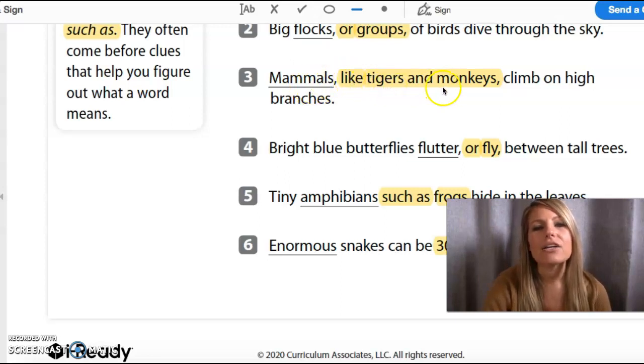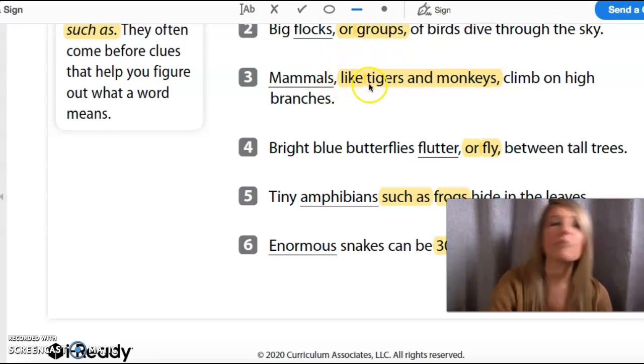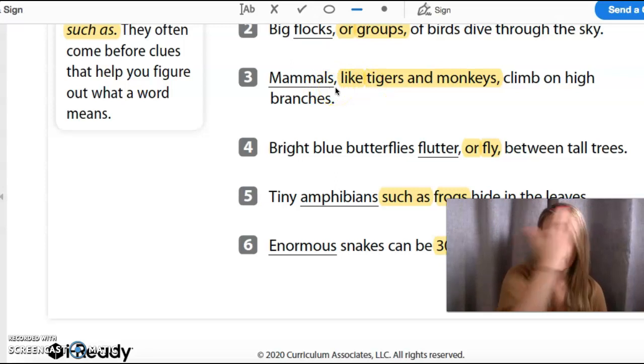Mammals, like tigers and monkeys, climb on high branches. A mammal must be the same thing as a tiger and a monkey. So mammals are tigers and monkeys, and our clue word helped us figure out that the definition or meaning of mammals was close by.